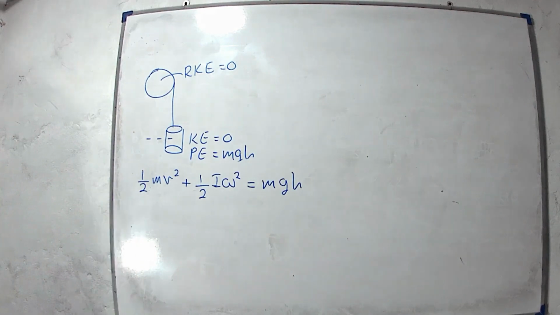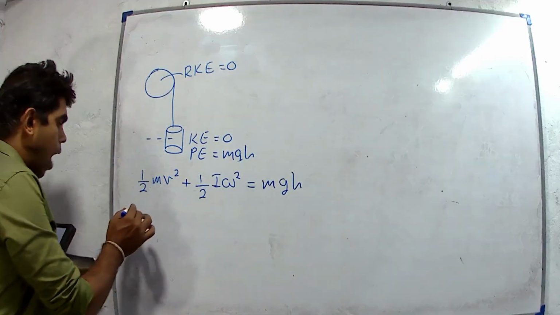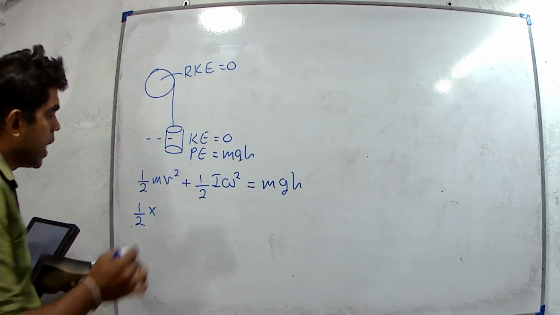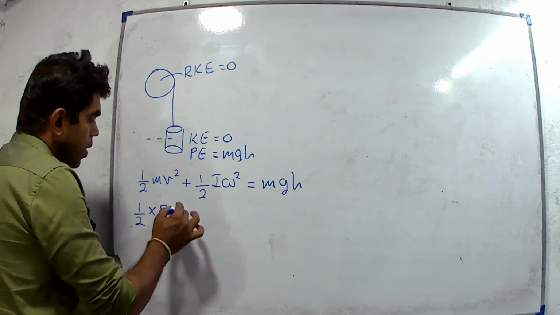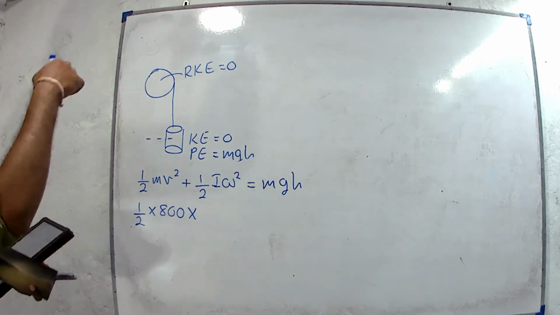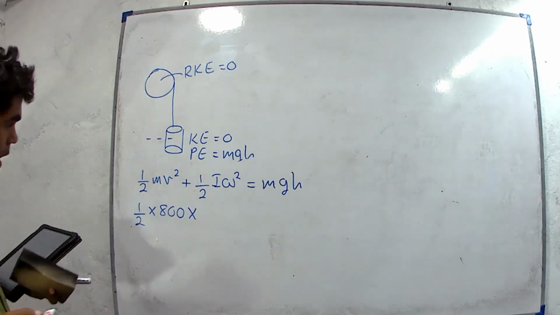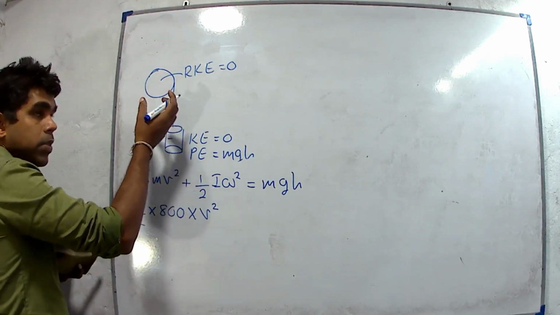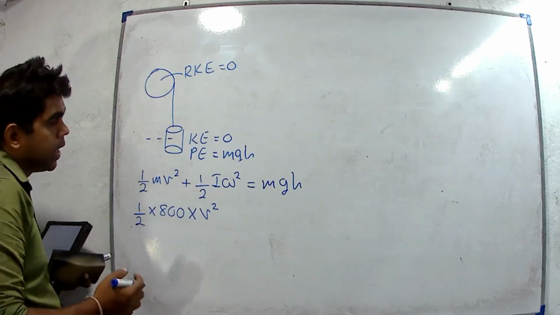Then we can substitute values. Half the mass of the cylinder is 800 kilograms, times velocity. We have to find the velocity before colliding with the pile, which means the final velocity of the linear motion.